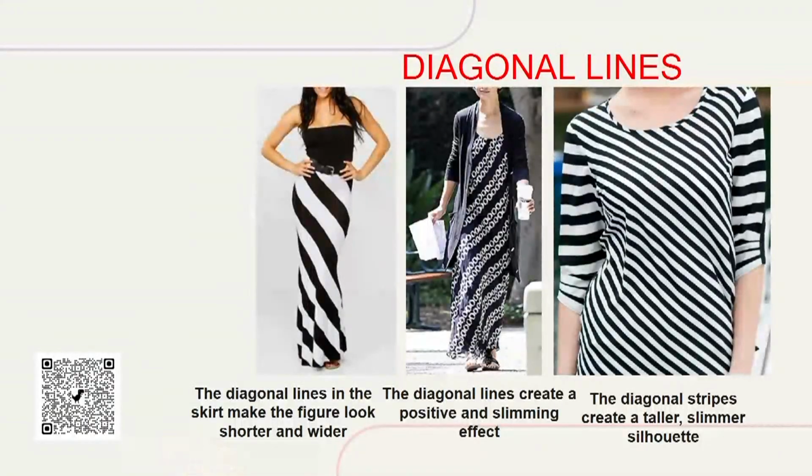Here is another example of diagonal lines, and you can see how the width of diagonal lines affects the impression it gives the viewer. In the first image the skirt is making the figure look shorter and wider because the diagonal lines are very broad, whereas in the second and third images the diagonal lines are creating a positive and slimming effect in the garment.